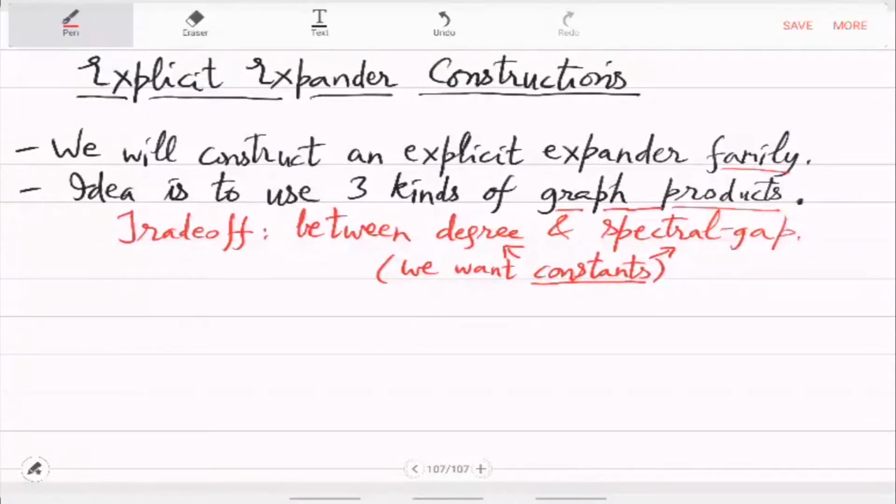So we have to keep a balance so that both of them remain constants, and spectral gap increases as much as possible, and degree is minimized as much as possible. So we'll need a new representation of graphs.